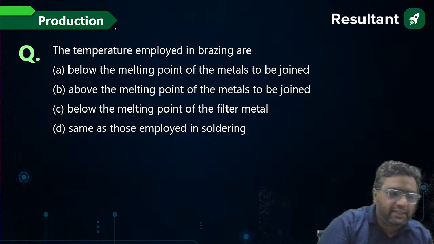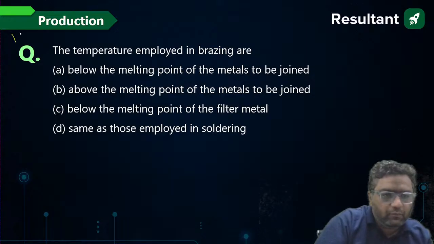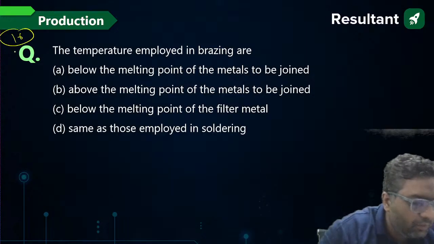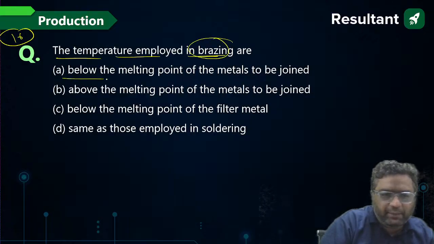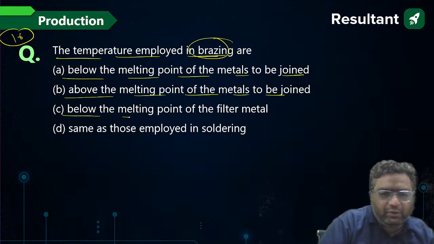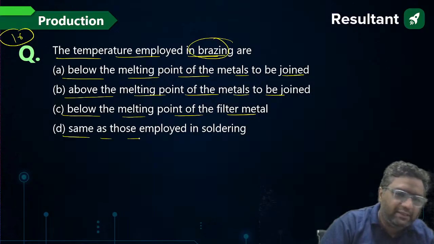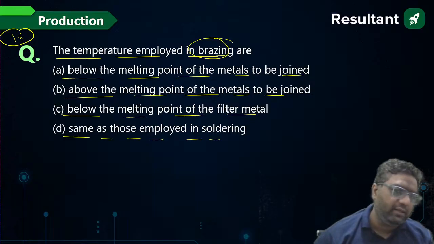This is question number 16. This is the temperature employed in brazing. What will be the range of temperature in brazing? Below the melting point of metals, above the melting point of metal, below the melting point of filler material, or same as those employed in soldering.